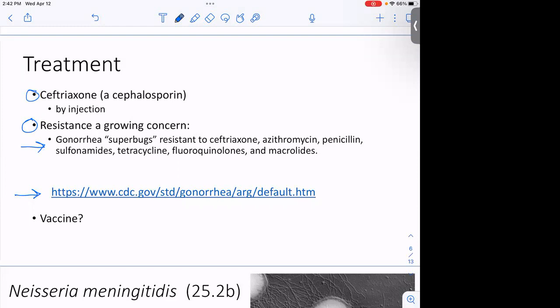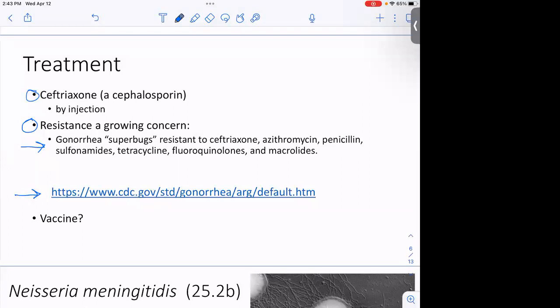One article that I just read this morning said that they think one thing that might be contributing to that is when there's sex between men that involves the rectum or the oral cavity, that can interact with different microbiomes, different organisms, and they share plasmids and resistance plasmids by horizontal gene transfer, and that might be something that's contributing to this, but it's just one of those things.